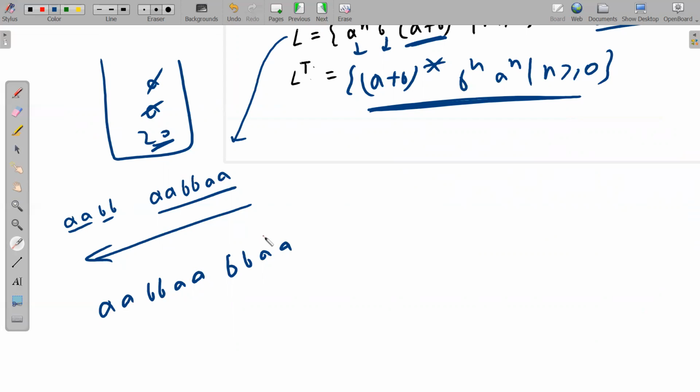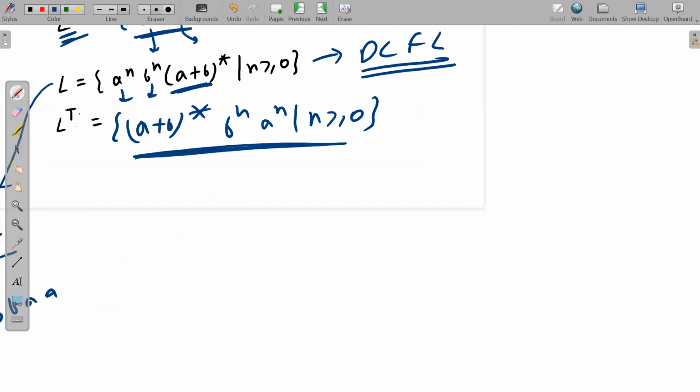The more you think, the more you will get clarity. So it will create a very big confusion in our minds. This is your (A+B)* part, and then we will have B^n A^n. How will you show this thing? You won't be able to show it here, so hence it won't be DCFL.